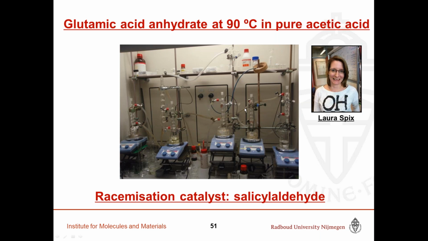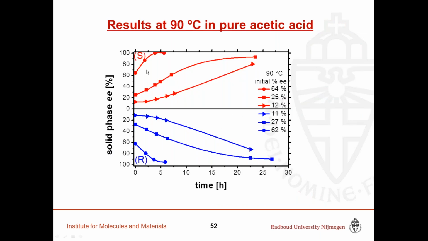At 90 degrees, she performed Viedma ripening, and if she started at quite high initial EE, it went quite nicely to 100%. But if she started at lower EE at the start, then you see that in the beginning it went up nicely, but then it more or less saturated in all cases.